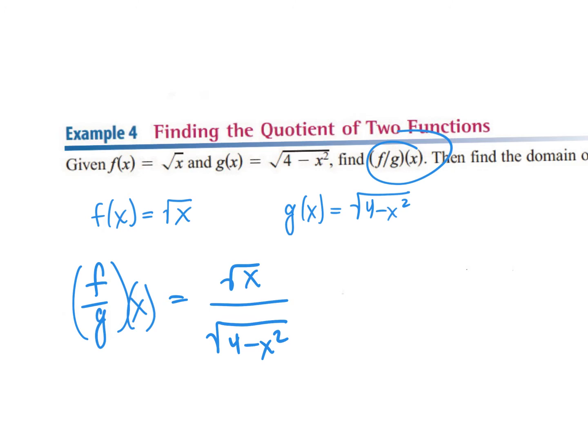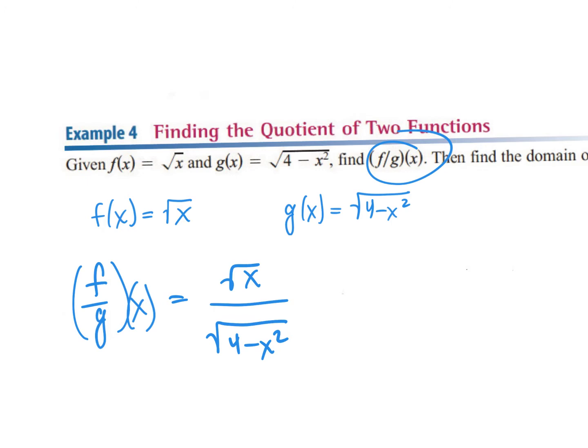This part can be a little confusing. First of all, is there anything else I can do to simplify this problem? Can I cancel out any x's or anything like that? Can I say that the x underneath the radical in the numerator cancels out with one of the x's in the denominator? No, you guys can't do that.